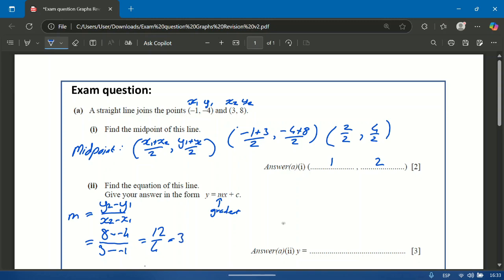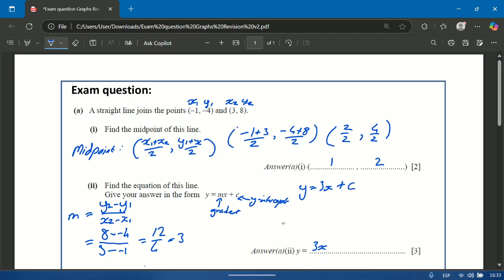So now we can already write the equation. y equals, the gradient is 3x. We now need to find the c value, the y-intercept. Okay, so let's write this down. So what we have is y equals 3x. We don't have the c, so we're going to put plus c.